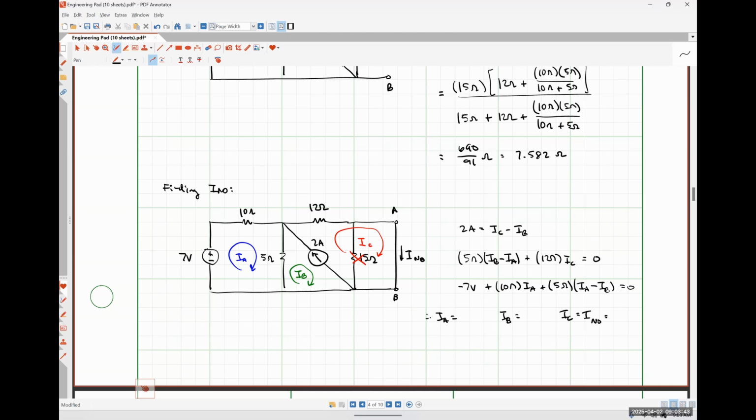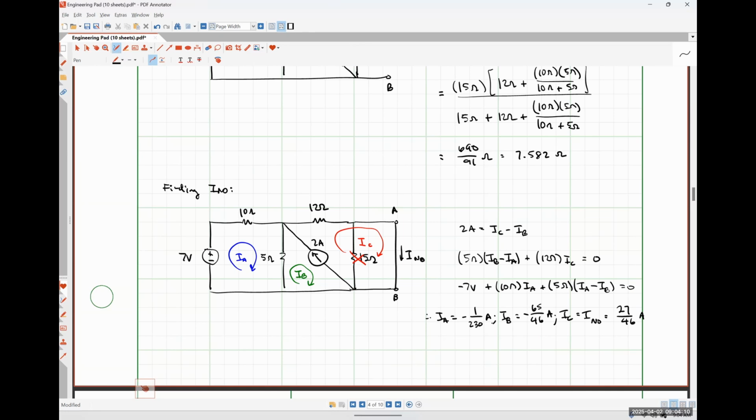Solving this system, I got IA to be -1/230 amps. IB to be -65/46 amps. And IC to be +27/46 amps.